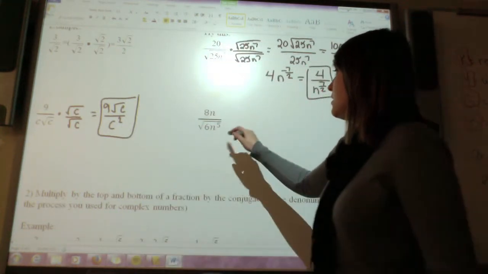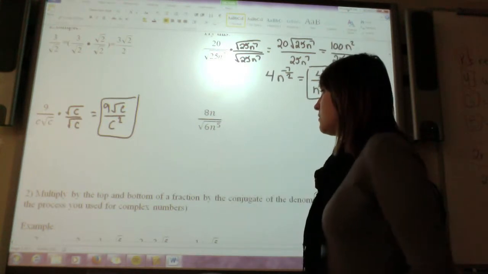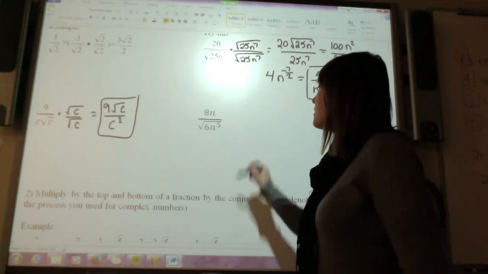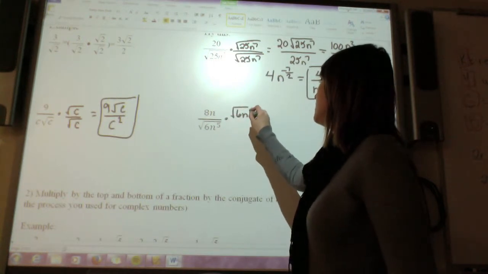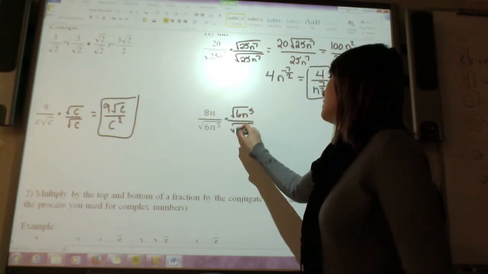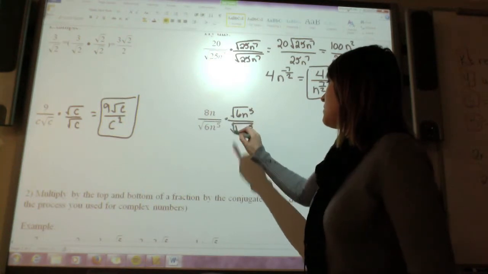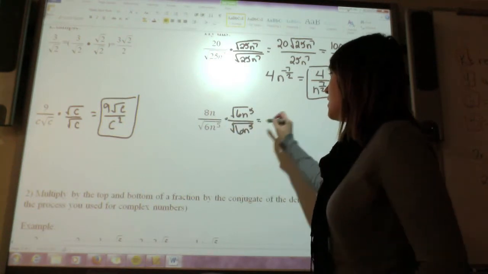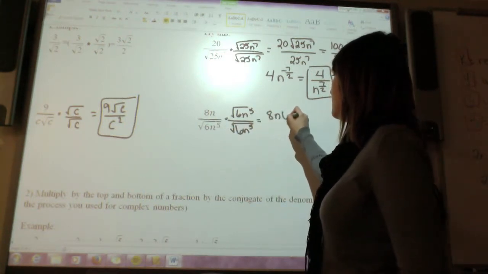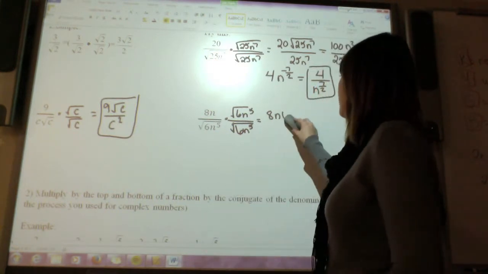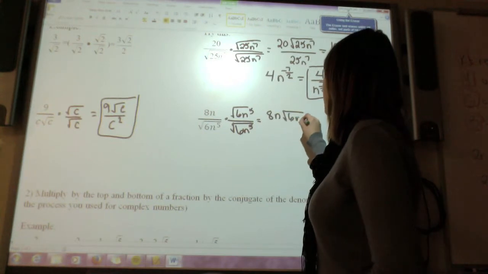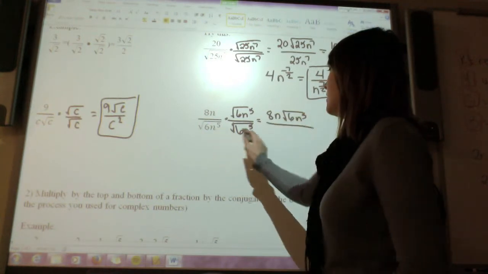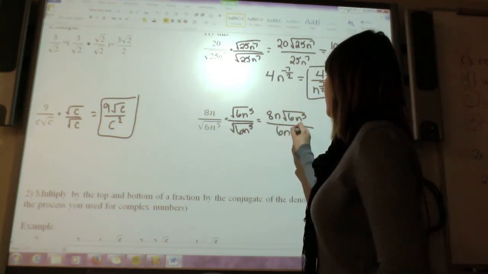Okay, over here, I've got 8n over the square root of 6n to the 5th. Okay, so I'm going to multiply by the square root of 6n to the 5th. And remember, you have to do that to the top and the bottom. So then I'll have 8n square root of 6n to the 5th over, if I square that, I just have 6n to the 5th.